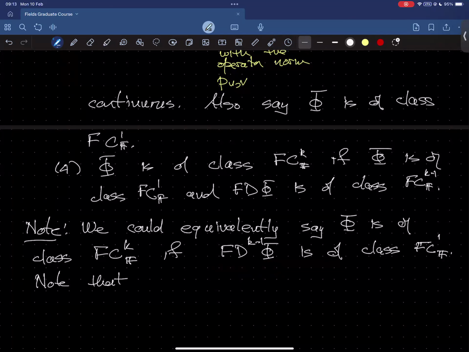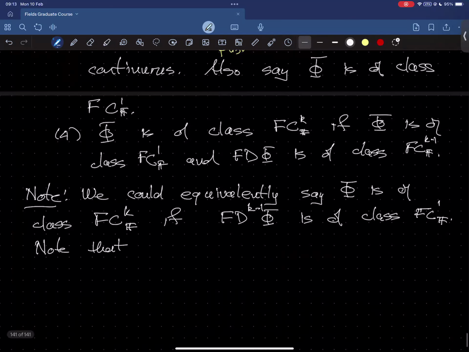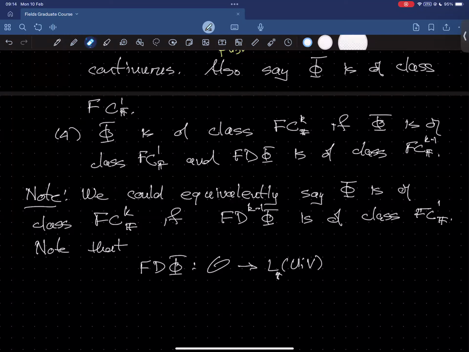that, right, so the first derivative, FD phi, is a mapping from O into L(U, V). Okay, and so if you're working in a finite dimensional space, again, this is just the Jacobian matrix that you're familiar with from multivariable calculus.